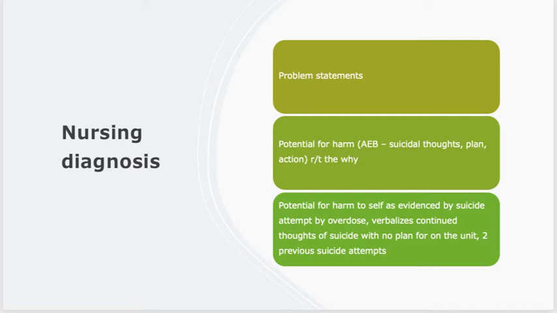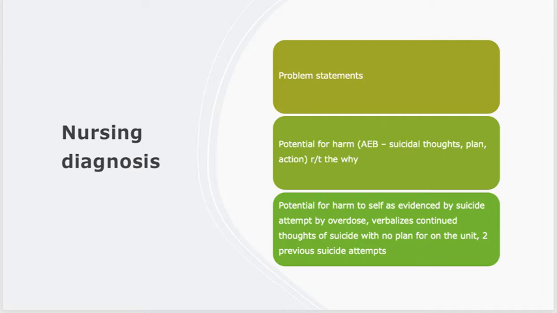And you find out when you give them the Columbia Suicide Severity Rating Scale that they have had 2 previous suicide attempts. Then you might say X patient has a potential for harm to self or others as evidenced by suicide attempt by overdose, verbalized continued thoughts of suicide with no plan for on the unit, and 2 previous suicide attempts.